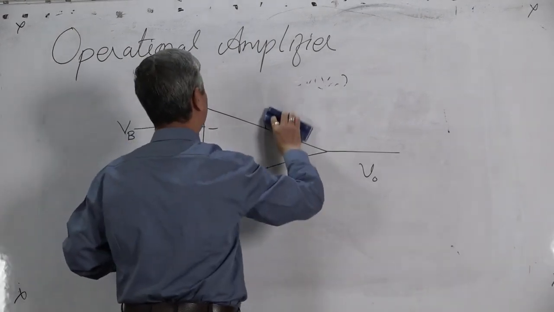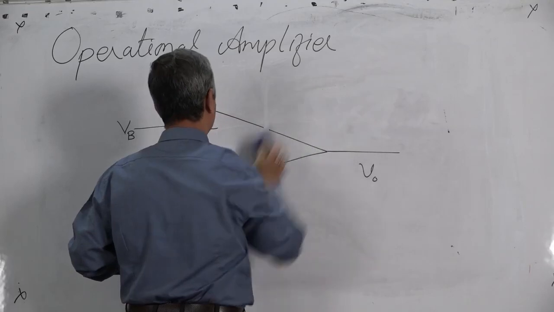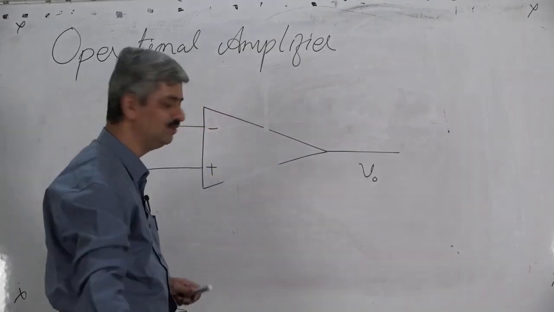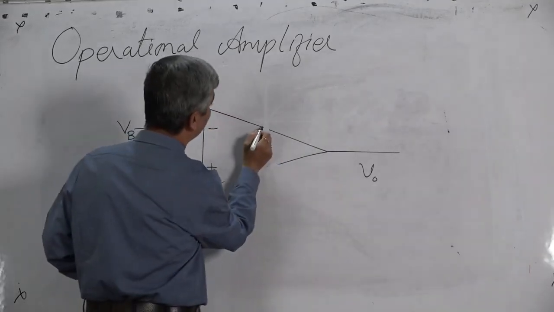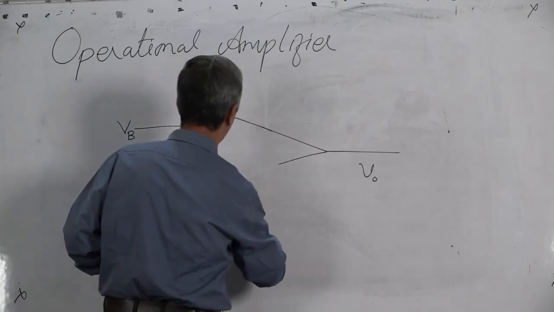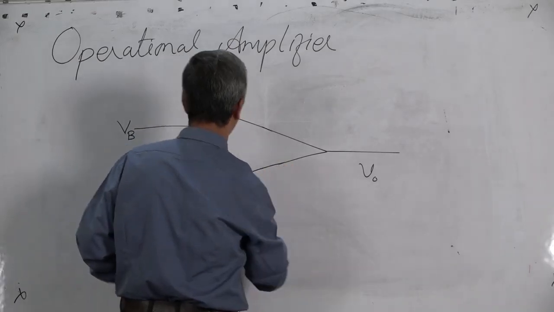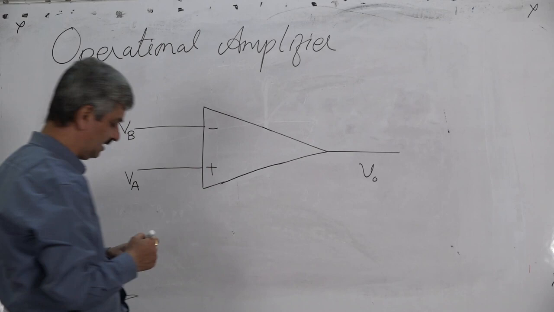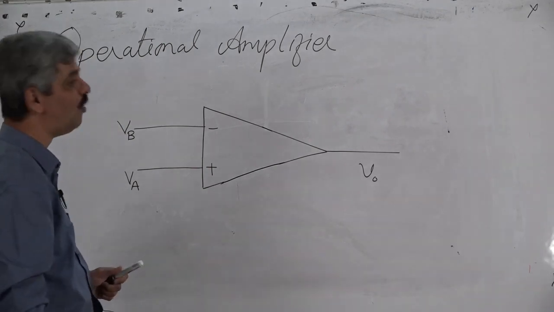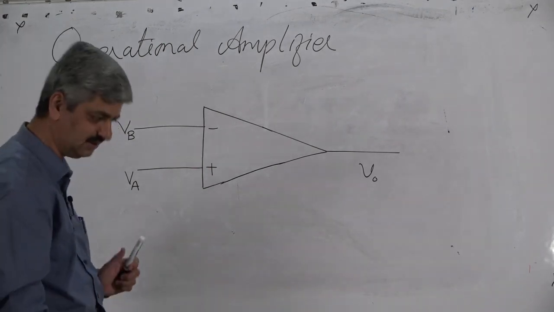So, for further discussion, we restrict the op-amp to be a 3-terminal device which has 2 input terminals and 1 output terminal. And now let us discuss how the operational amplifier works.